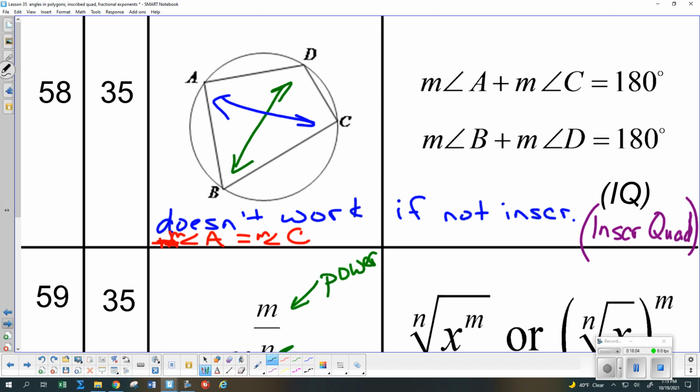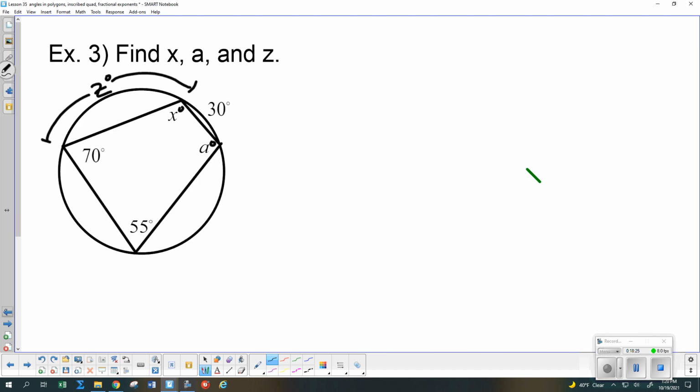It's got to be inscribed in order for this to work. So what this one said was take any opposite angles, add them together, and we have to get 180 degrees.